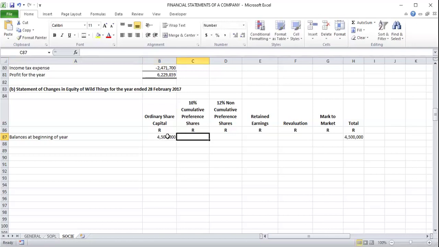Right. Then we'll have, okay, I can see the totals here. Then we'll have 1350.